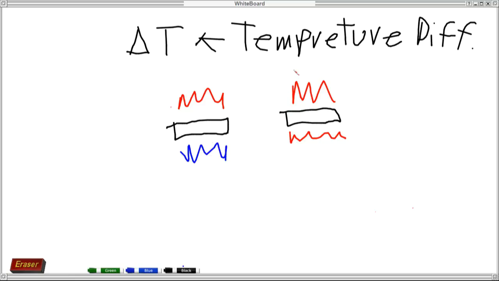Heat's not going to travel as efficiently as it would with a larger temperature difference.